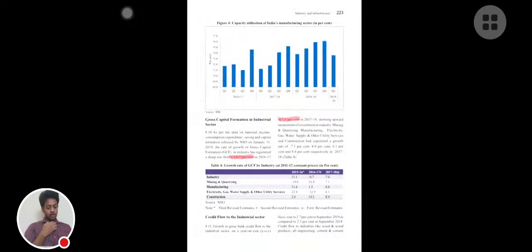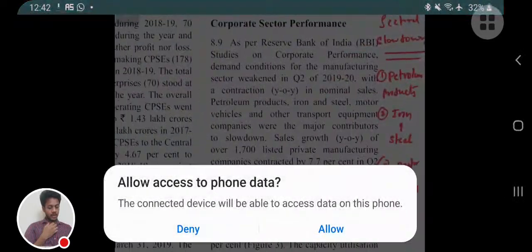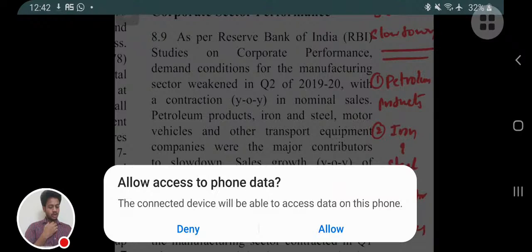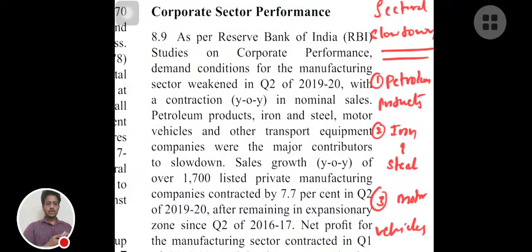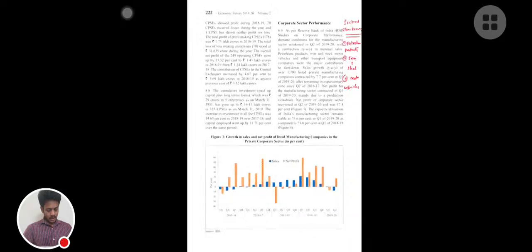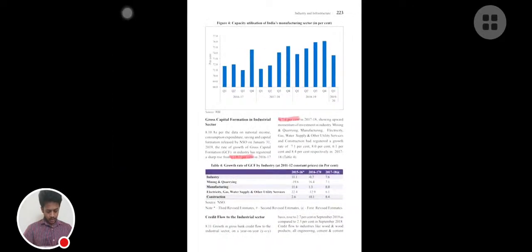The sectoral slowdown happened with these three important sectors: petroleum products, iron and steel, and the third one is motor vehicles. Is it running? Right. Okay. Apart from that, I don't think anything is important.